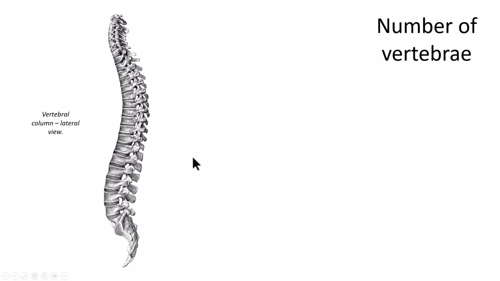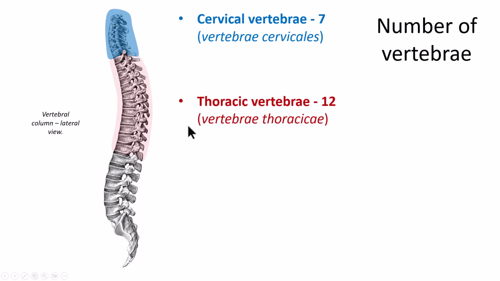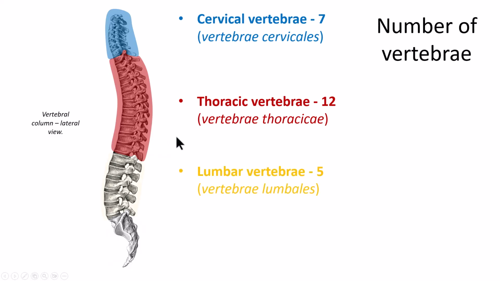Moving from superior to inferior, we distinguish 7 cervical vertebrae, vertebrae cervicales, followed by 12 thoracic vertebrae, vertebrae thoracicae, and 5 lumbar vertebrae, vertebrae lumbales.